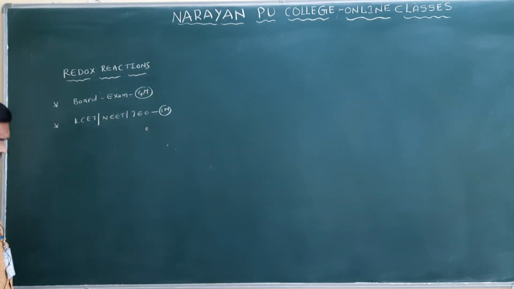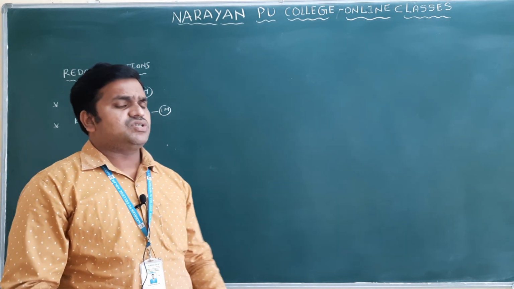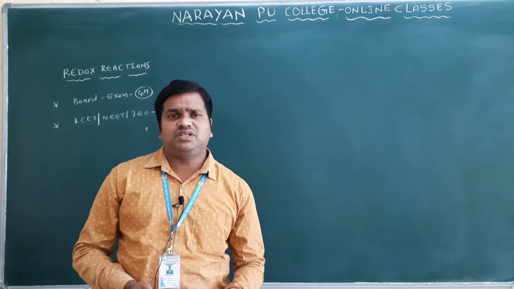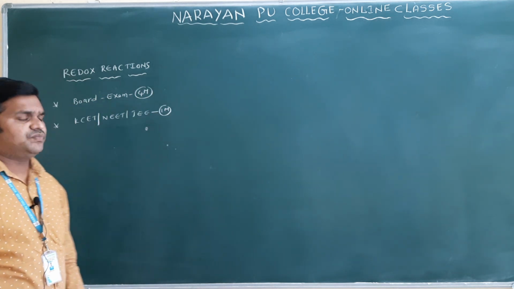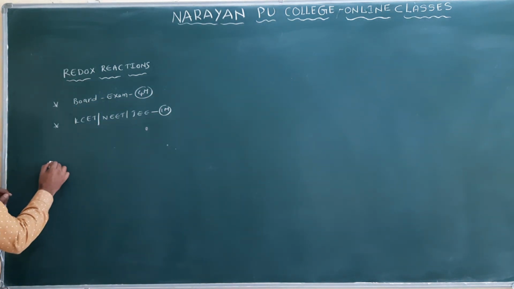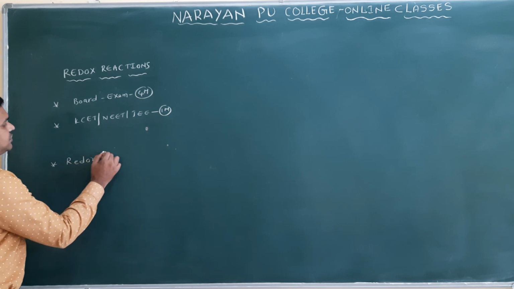This chapter is very closely related to the basic concepts of chemistry. If you understood the oxidation and reduction part, we can understand redox reactions. So let us see first, what is meant by redox reaction.